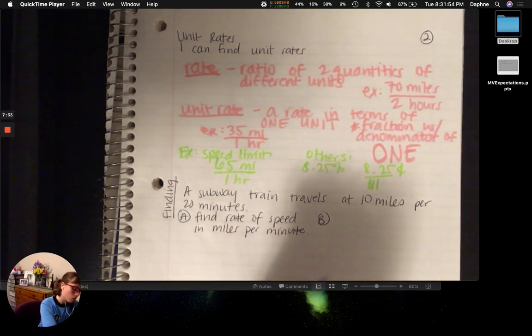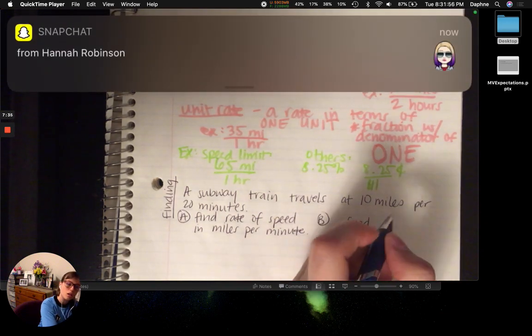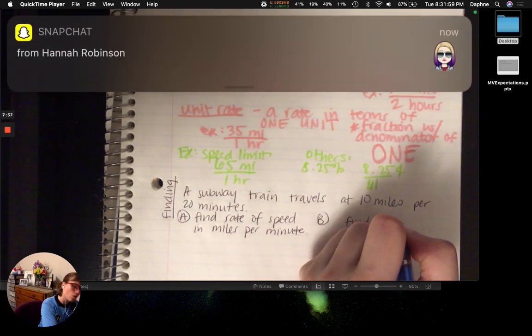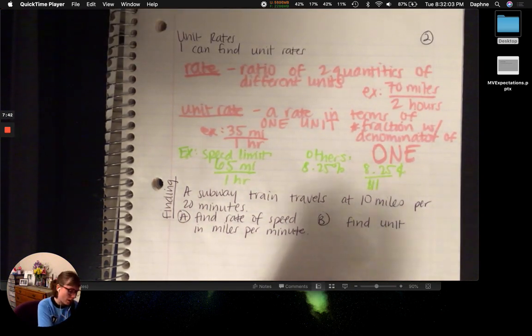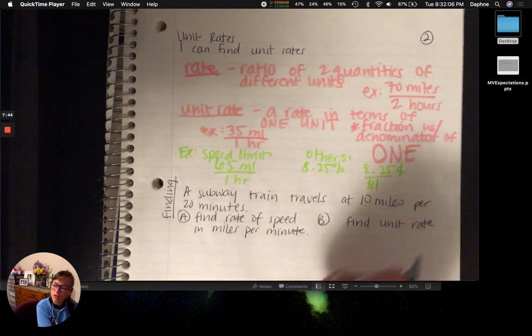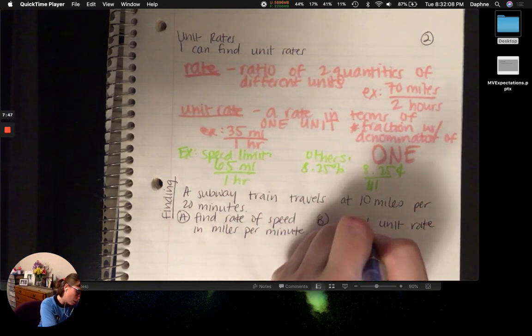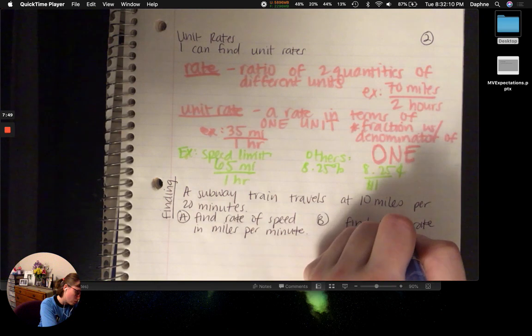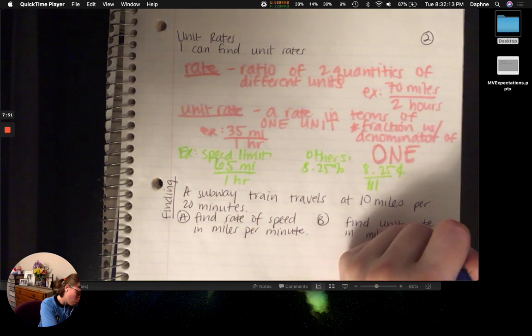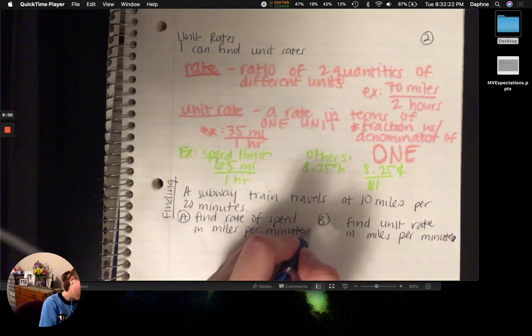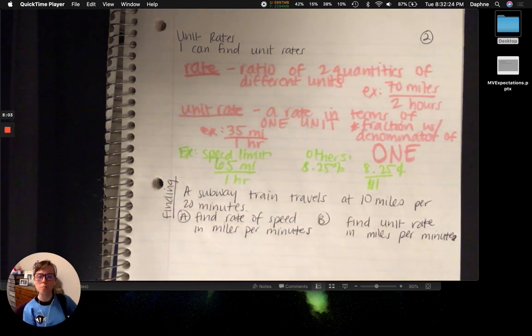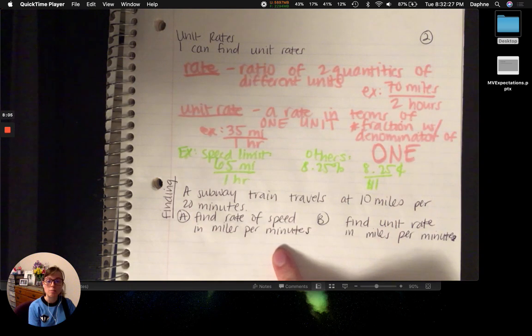And I also want to find, ignore that, Snapchat, find the unit rate in miles per minute. I think this should be minutes for the sake of what we're doing. Okay, so find the rate of speed in miles per minute.